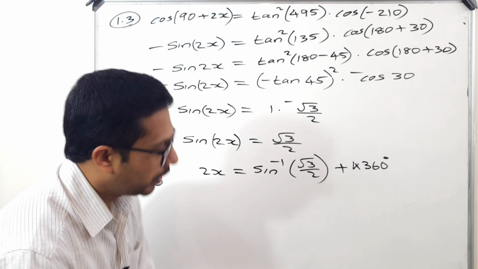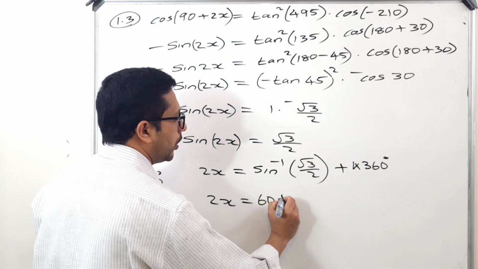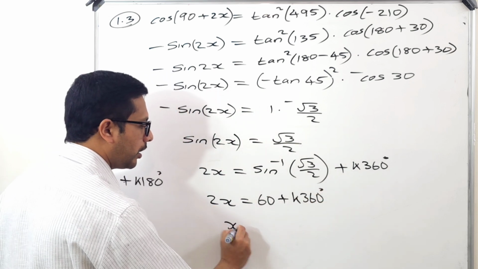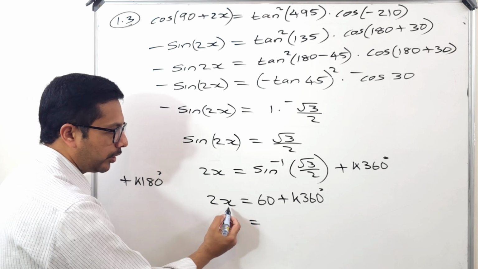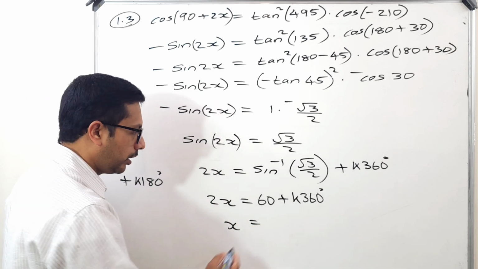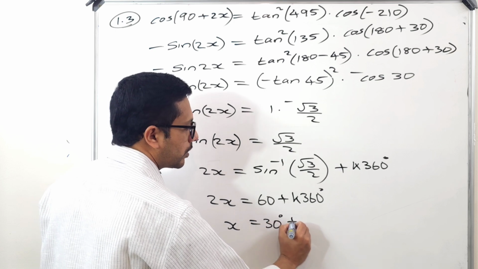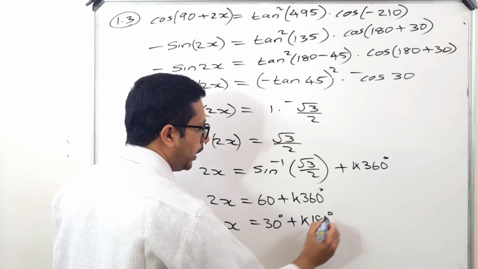So now 2x is equal to 60 plus k 360. So from here, what is the value of x? You have to divide by 2.